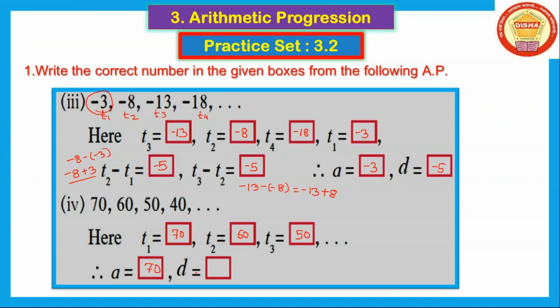And the common difference we have to find orally: T2 minus T1. T2 is 60 minus 70, which means the common difference is negative 10.